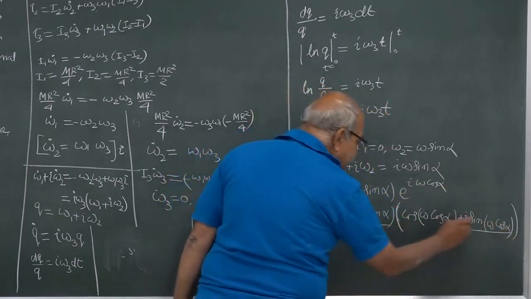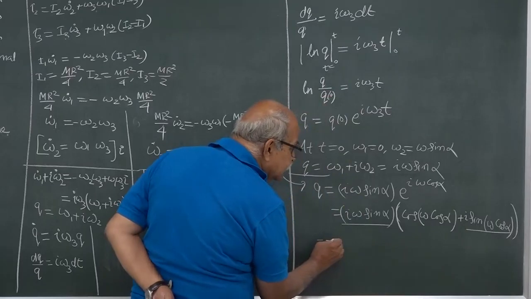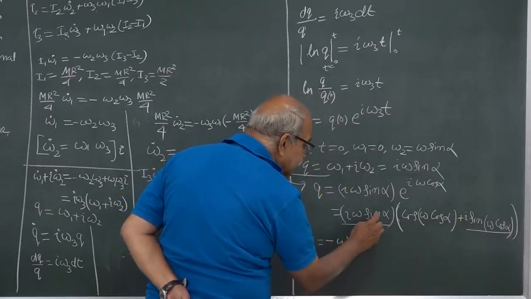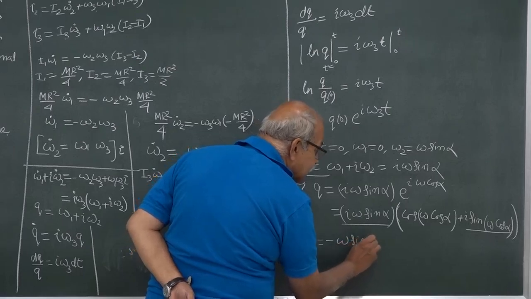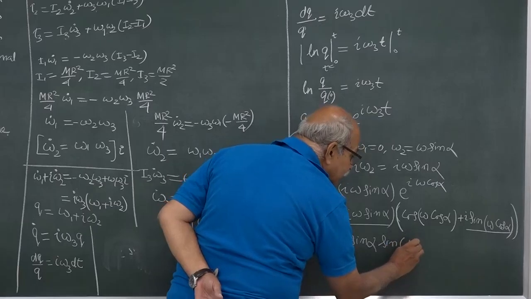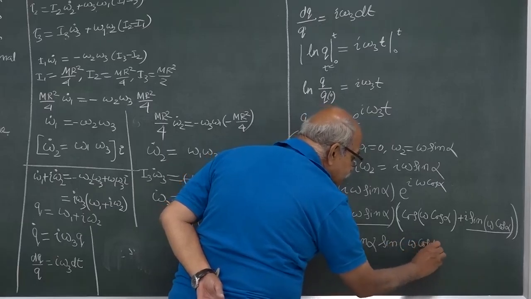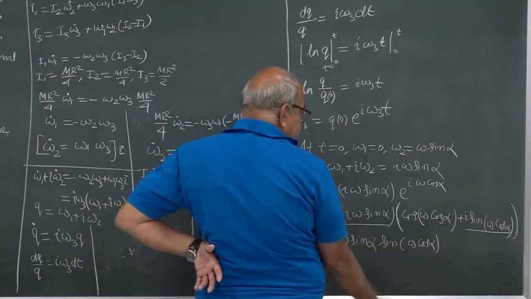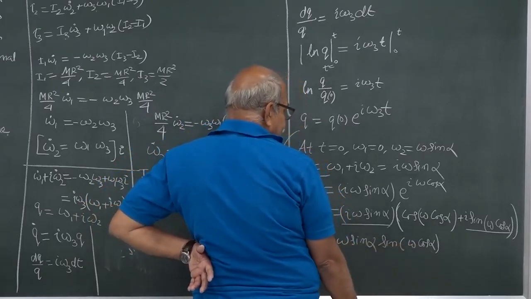So, this multiplied by this will be minus, then I have omega here, sine alpha here, and sine of omega cos alpha here. So, it is dimensionally not correct. I have left something.